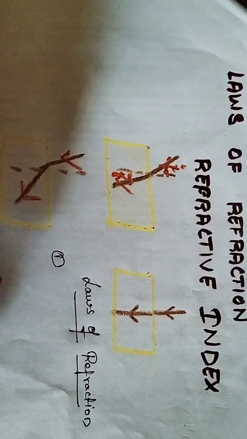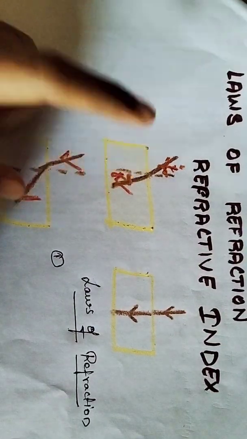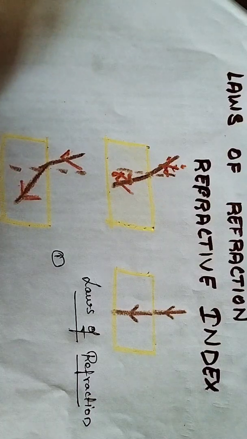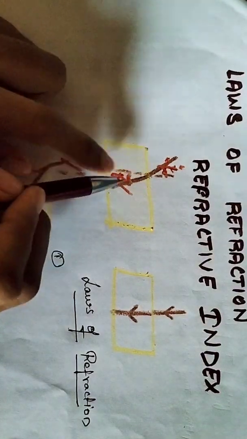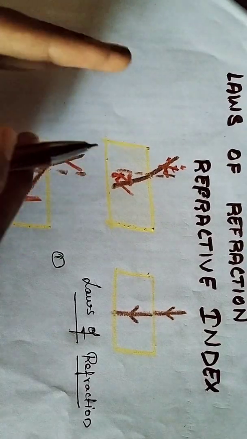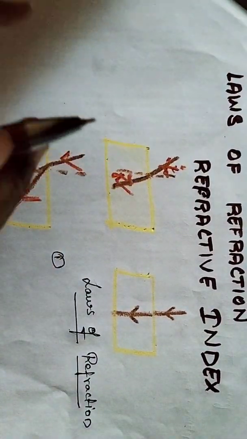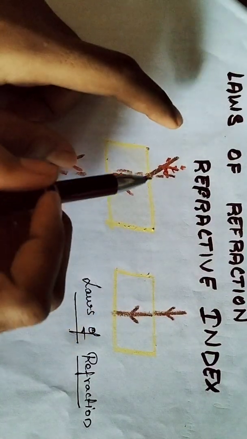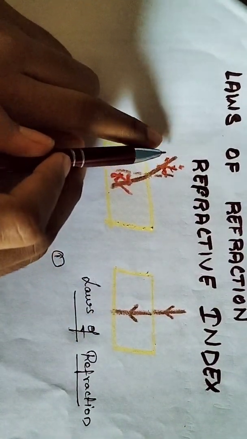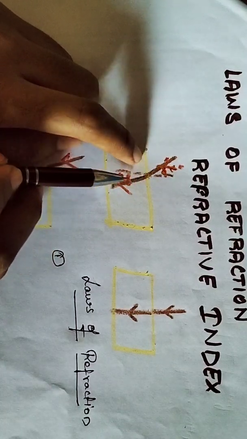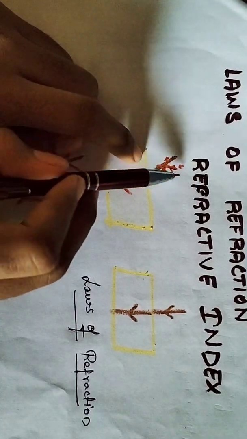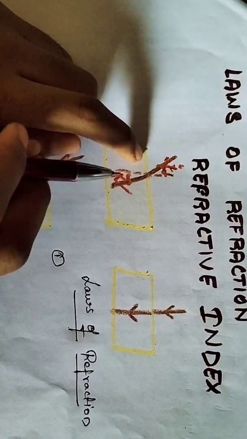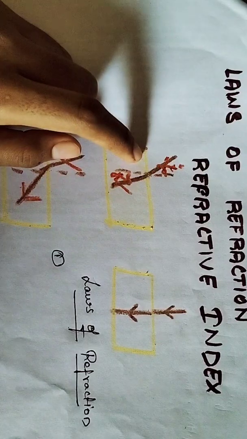Now the first law states that the incident ray, the refracted ray, and the normal to the interface at the point of incidence all lie in the same plane.